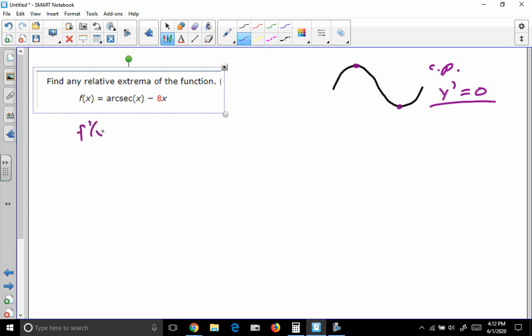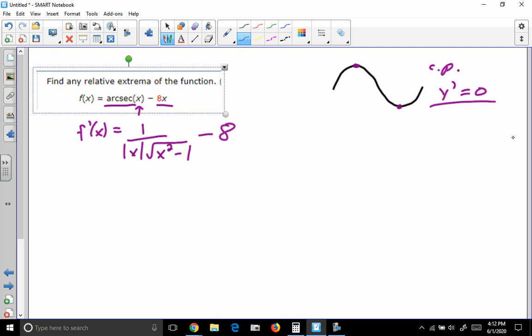So f prime is, we have two terms, so the derivative of arcsecant, that's one of our new formulas, so if we call that u, the derivative of arcsecant is u prime, which is 1, over the absolute value of u times the square root of u squared minus 1, and then minus the derivative of the second term.